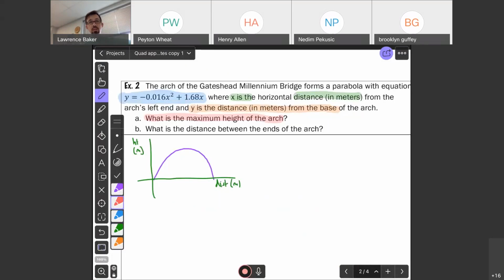So what's that first question asking us to find in math? How do we translate the question into math? What's it asking for?